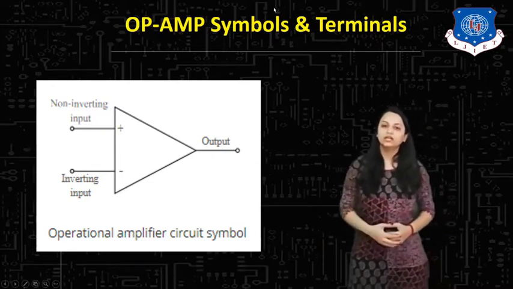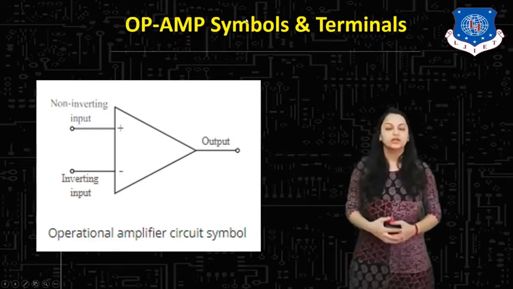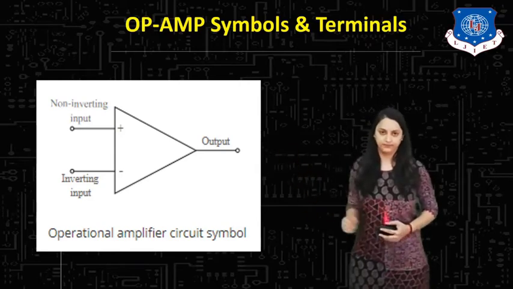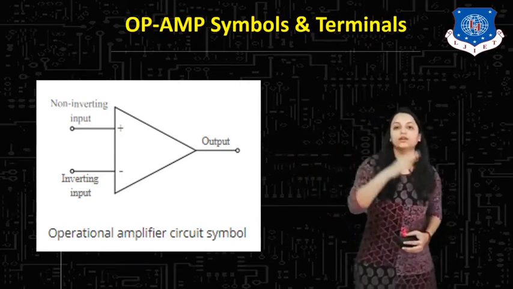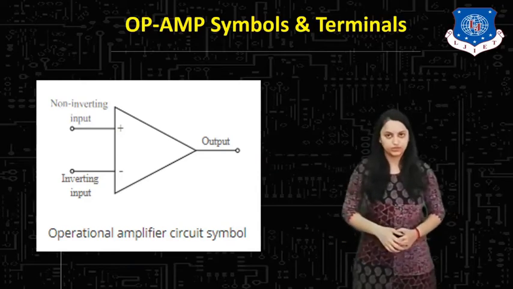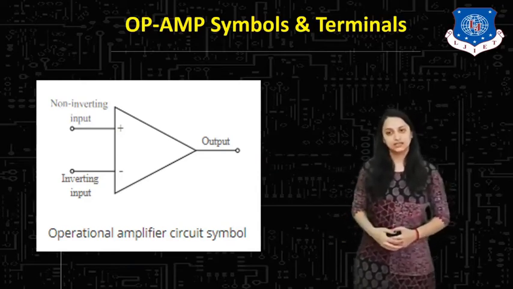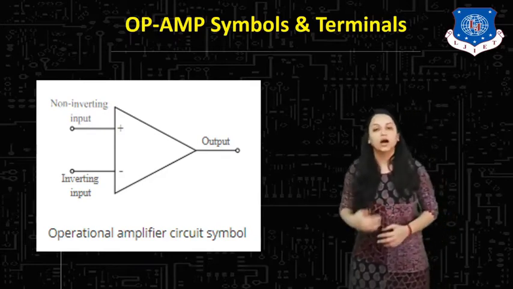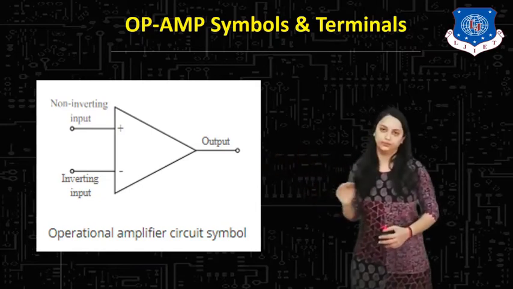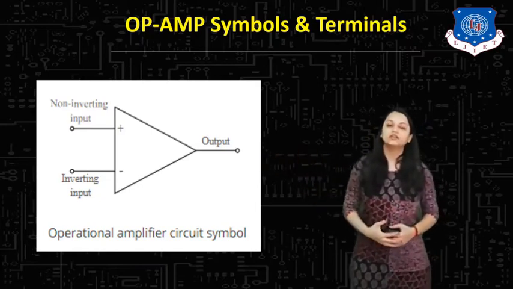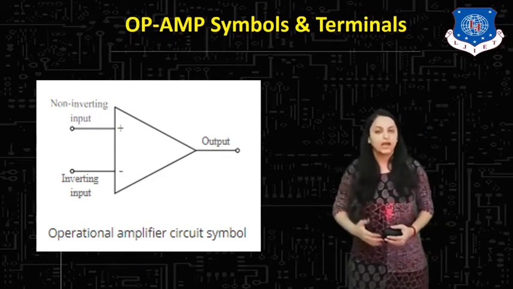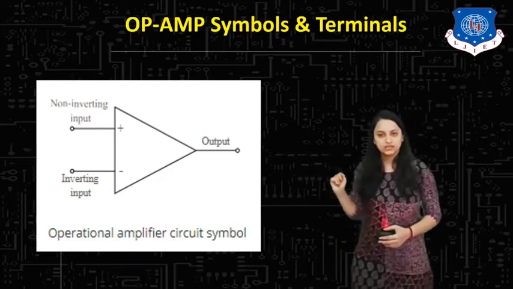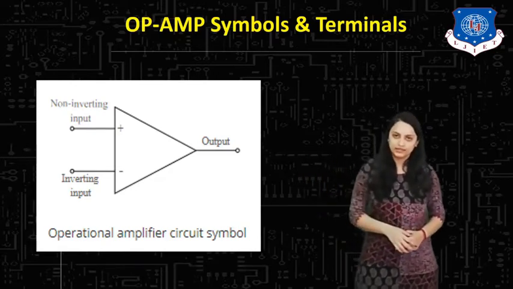If we give the input at the non-inverting terminal, the output will be the same as the input, with no phase shift introduced. Whereas in the inverting input, the output is inverted with respect to the input, that means we get a phase shift of 180 degrees compared to the input.